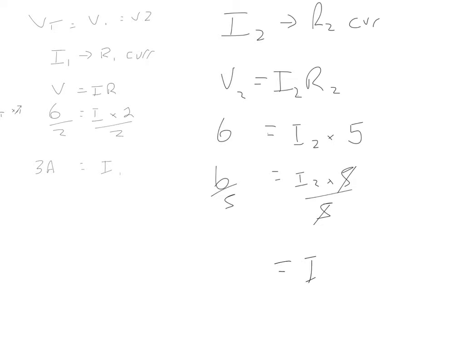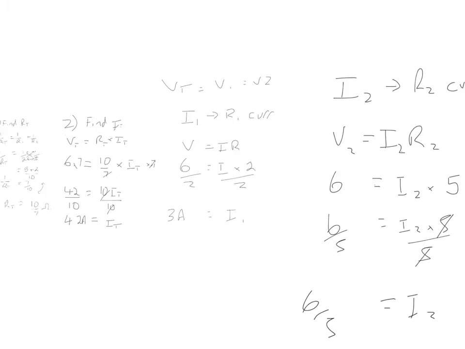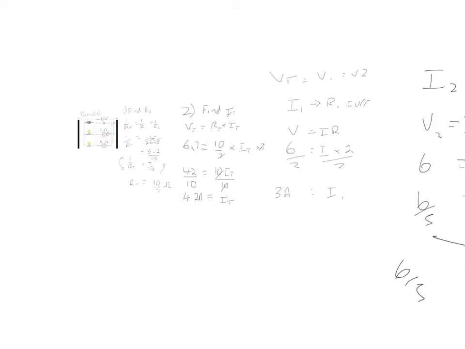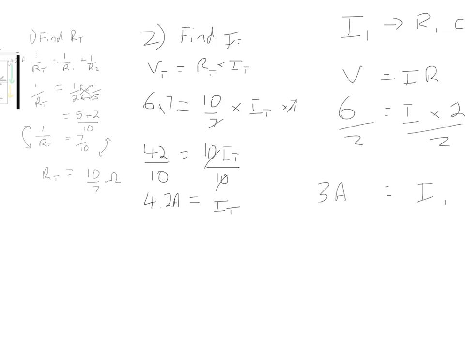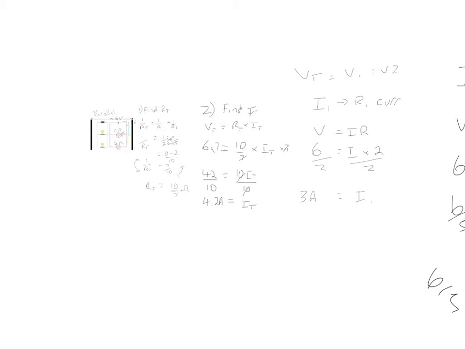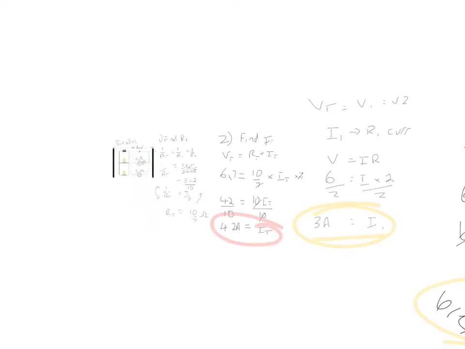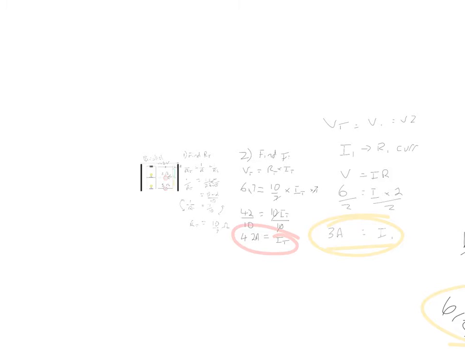So my I2 equals 6 over 5, which would be 1.2. Now I'm going to guess that 3 plus 1.2 gives us our I total, which it should, IT 4.2 amps, which I'll highlight here. That plus that, which it is. So I know that my calculations have been done correctly.